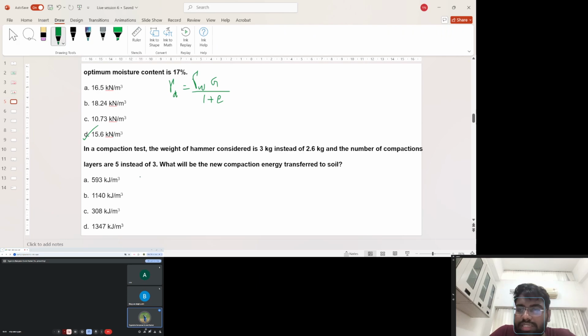In a compaction test, the weight of the hammer considered is 3 kg instead of 2.6 kg, and the number of compaction layers is 5 instead of 3. So what will be the new compaction energy transferred to the soil?